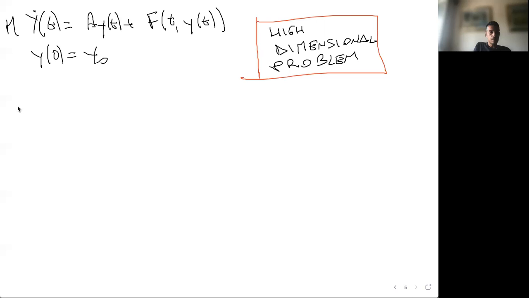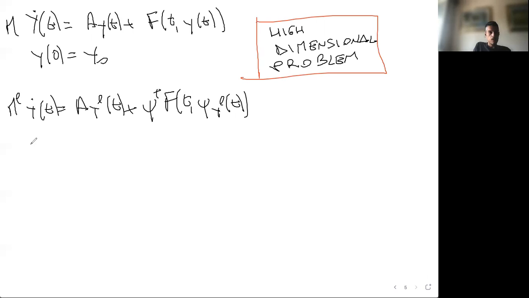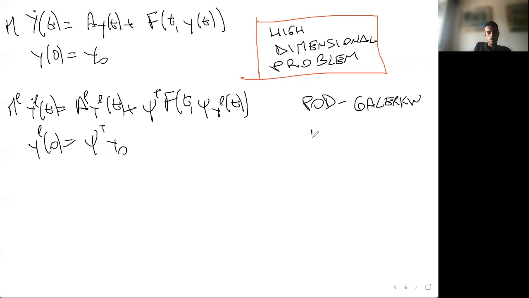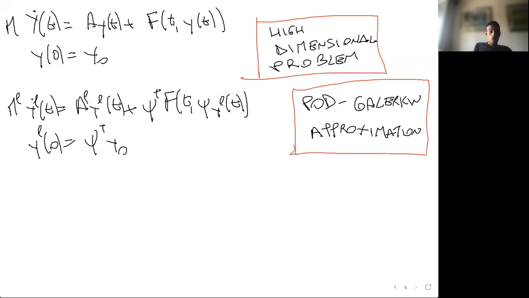Then we have the POD Galerkin, which reads M_l y_l'(t) = A_l y_l(t) + Ψᵀ f(t, Ψ y_l(t)), with y_l(0) = Ψᵀ y0.